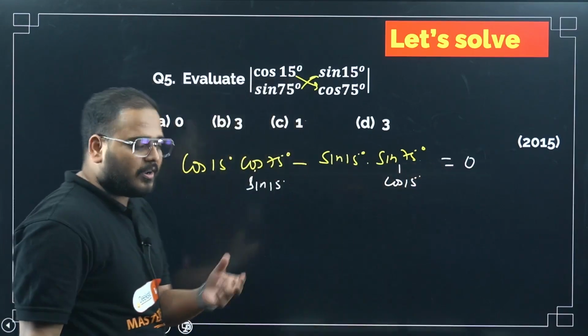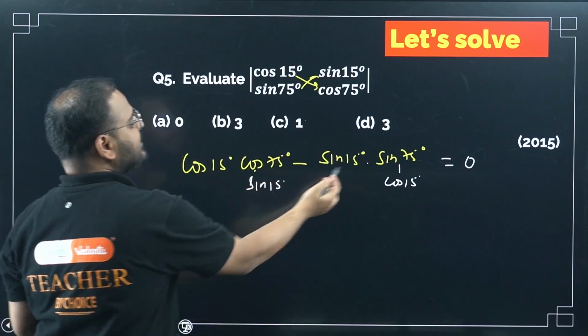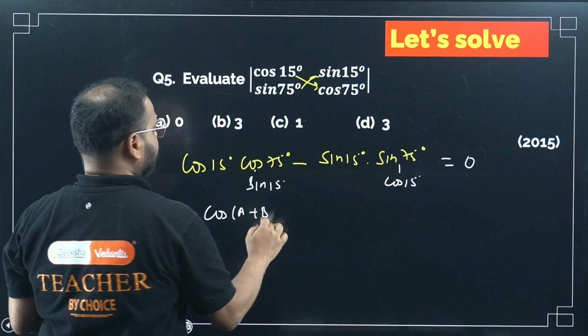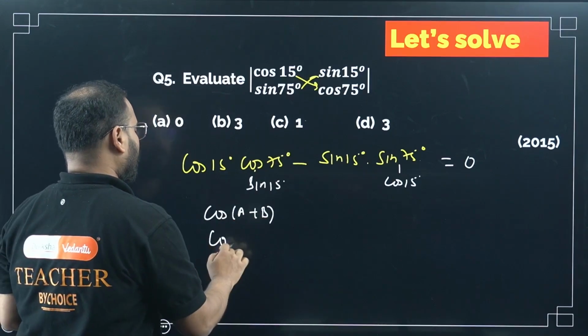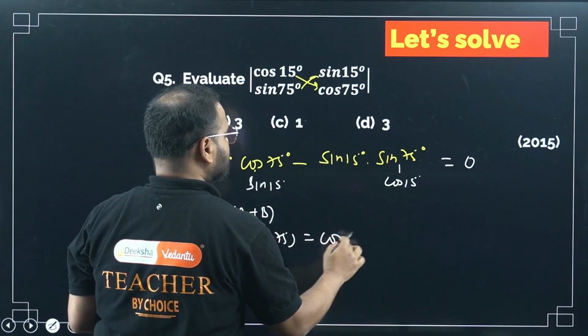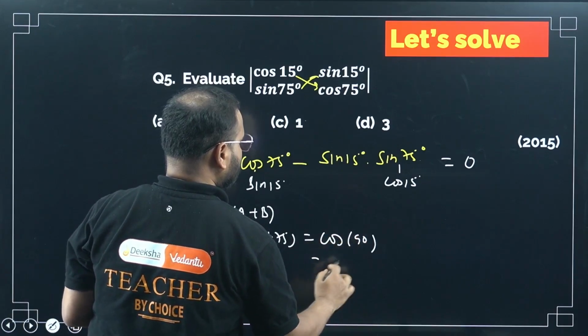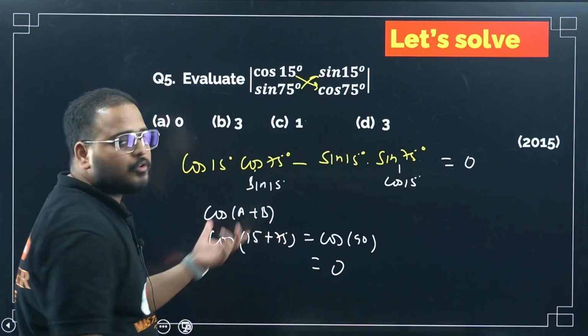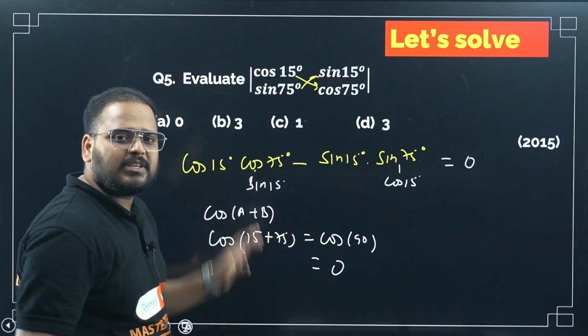The other way, if you want to solve like a 12th grader: cos A cos B minus sin A sin B. What is it? Cos of A plus B. How much is that? Cos of 15 plus 75, cos of 90 degrees. It will be 0. Cos 0 is 1, cos 90 is 0. Whichever comes faster to you.